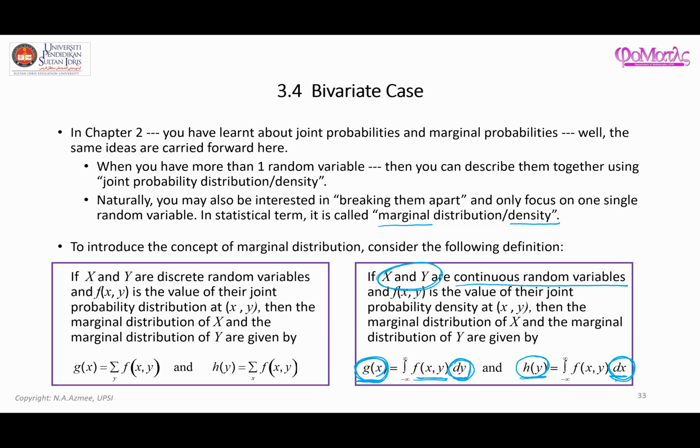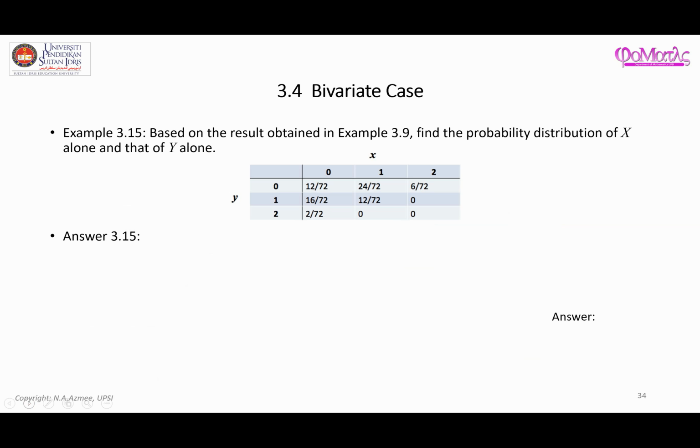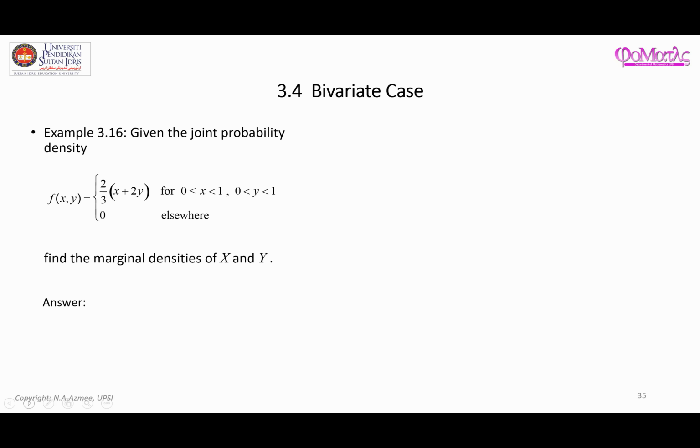Okay. In the previous video, we looked at an example of the discrete case. All right, and in this video, I'm going to continue with the continuous case. So here what we've got is the joint probability density, which means it is a function that describes x and y together.